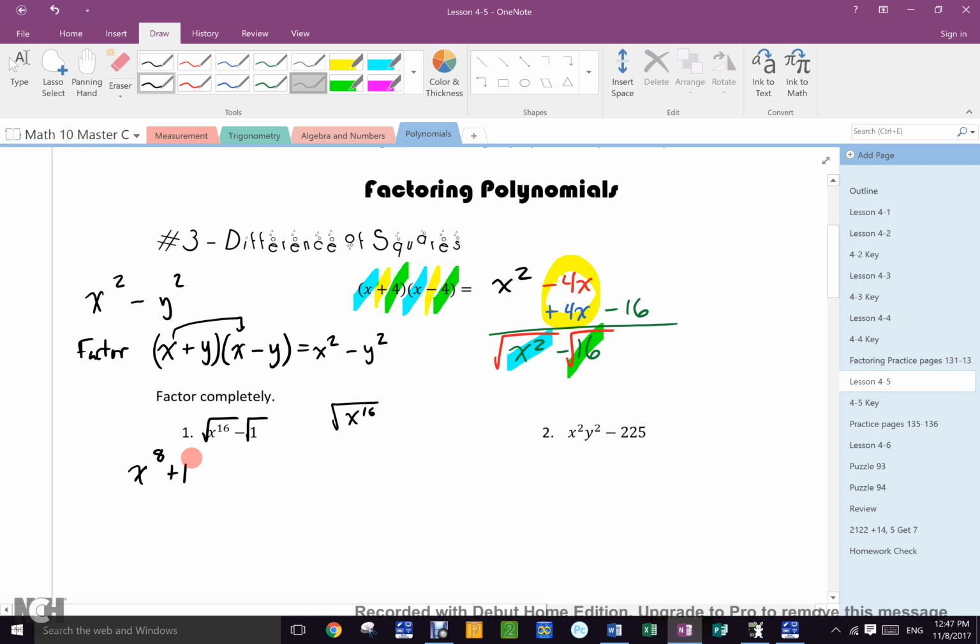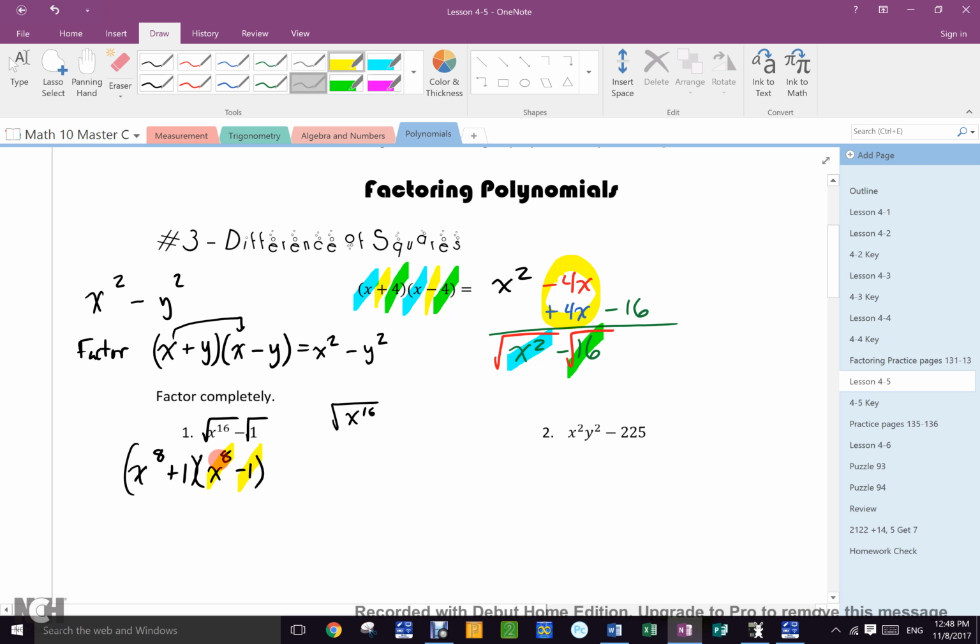What is the square root of 1? 1. And then I write this with what sign? Am I done? Really? Look at that and look at that. Does that have a square root?